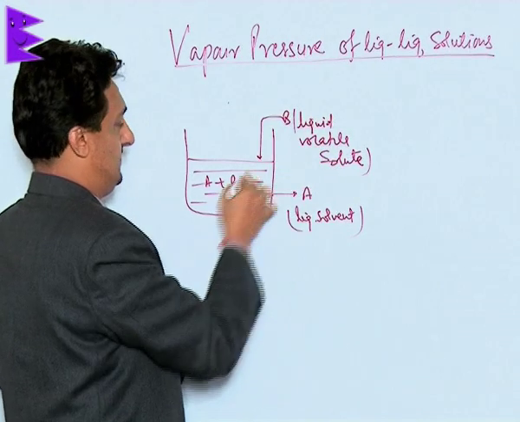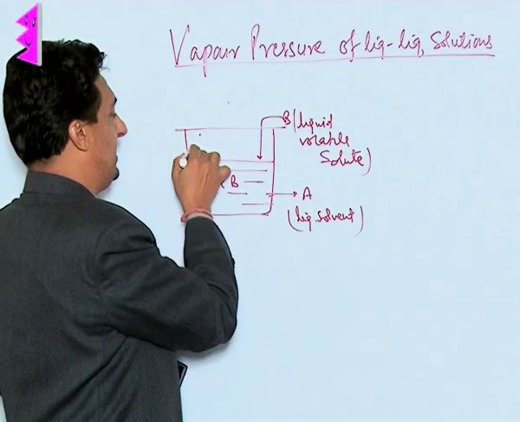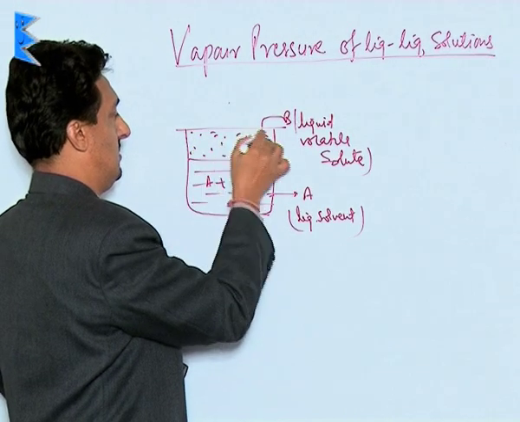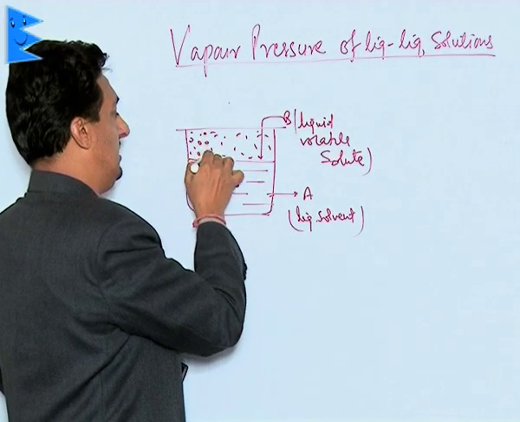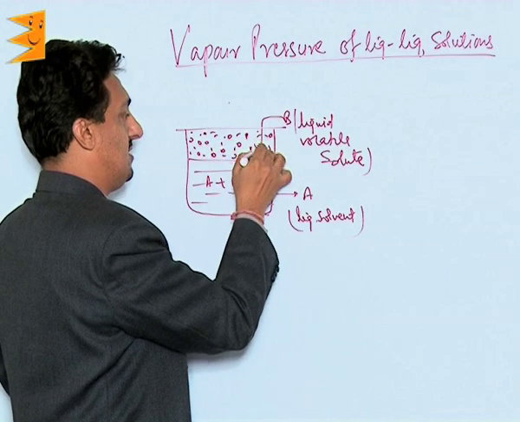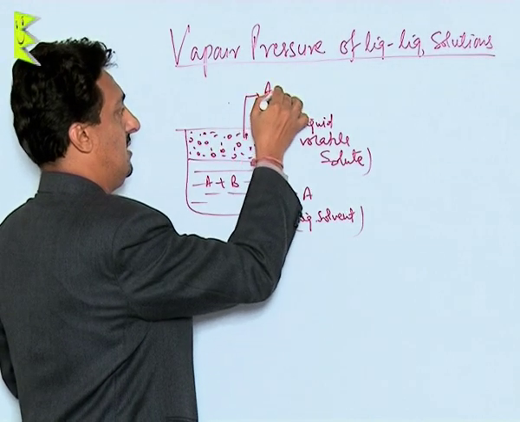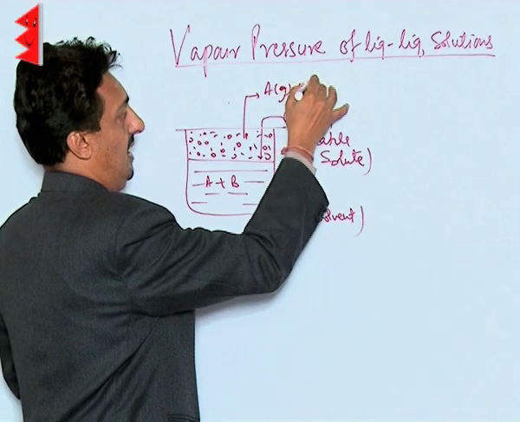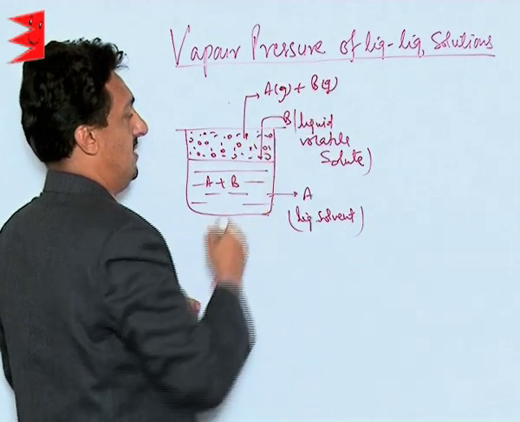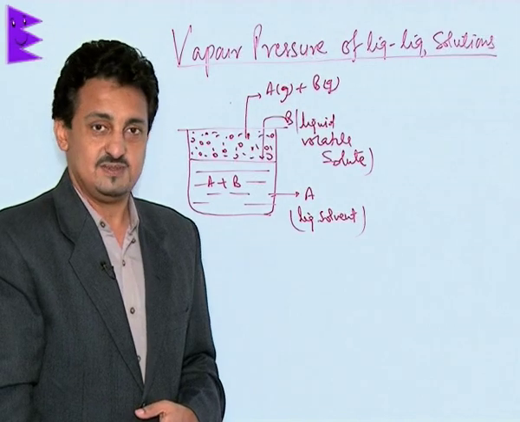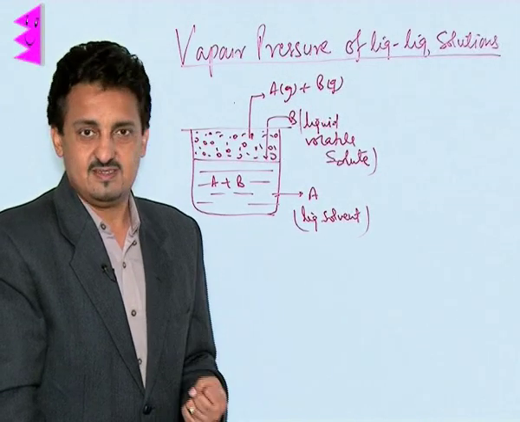Now the vapors of both A gaseous and B gaseous, that means the vapors of both the components, are present in the gaseous state.